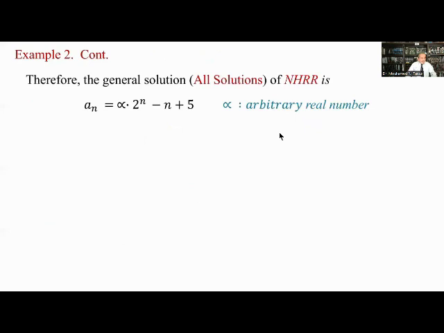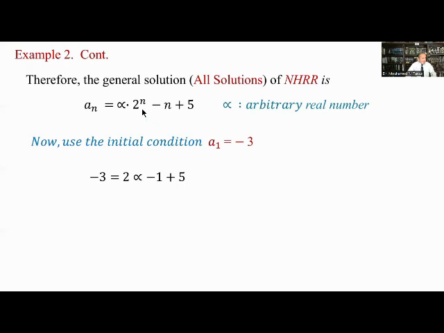Therefore, the general solutions, all solutions, are the sum of these two: the general solution of the associated homogeneous recurrence relation and the particular solution of the non-homogeneous recurrence relation, which we just calculated. Now use the initial condition, a_1 = -3.